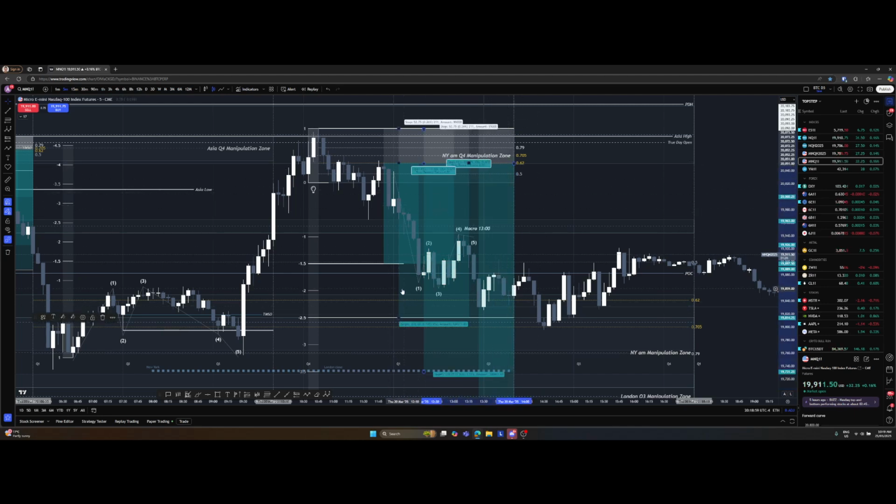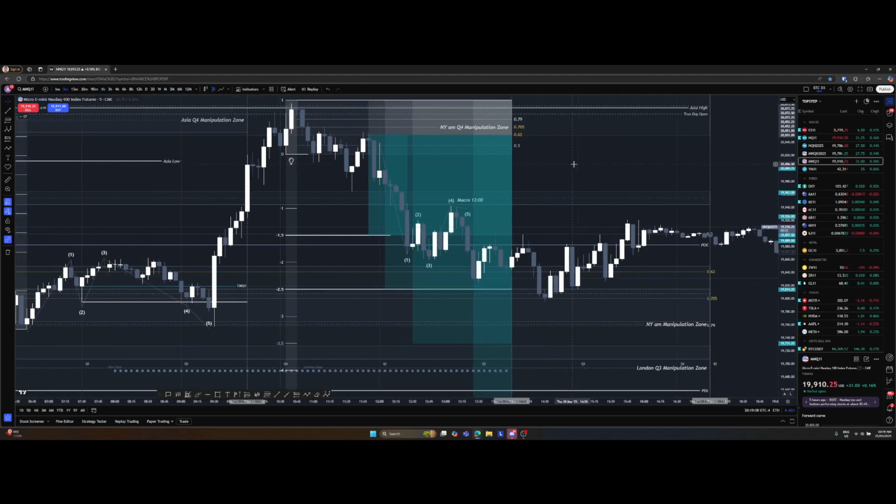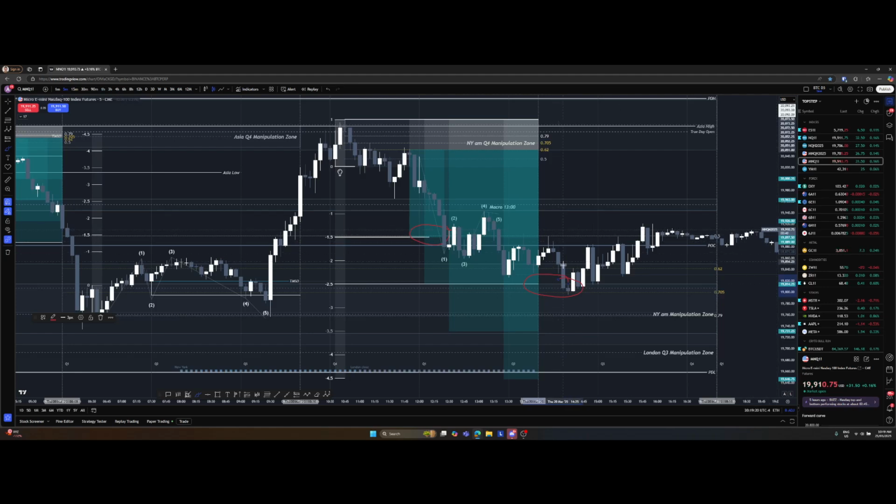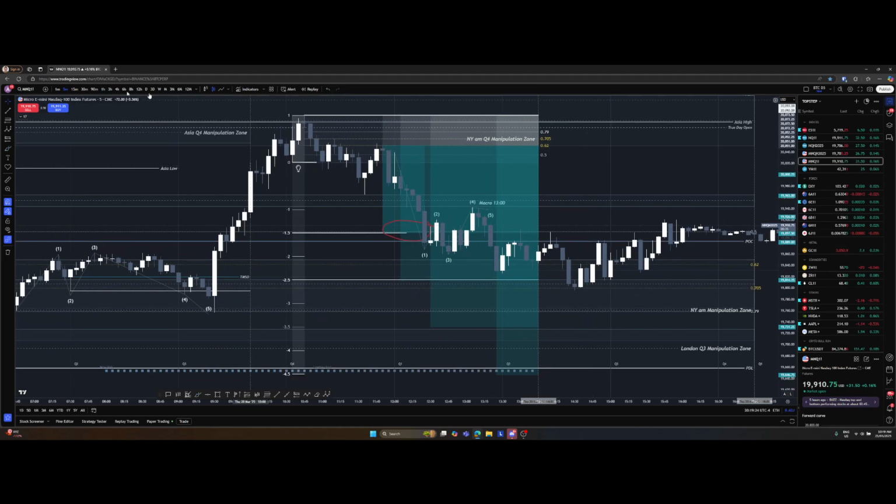Once we hit that SD 1.5, stop loss goes to break even. First account takes profit. And then SD 2.5 for the second account. Otherwise, if we're just trading within the 4 hours, we close all our accounts at the 4 hour close here.